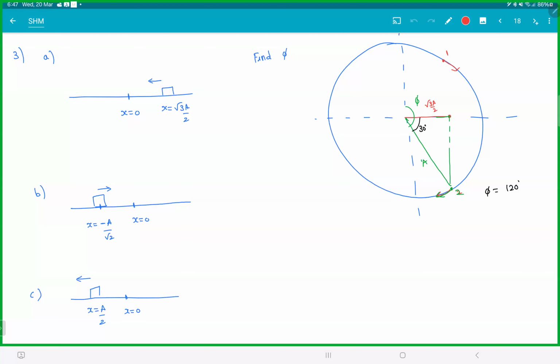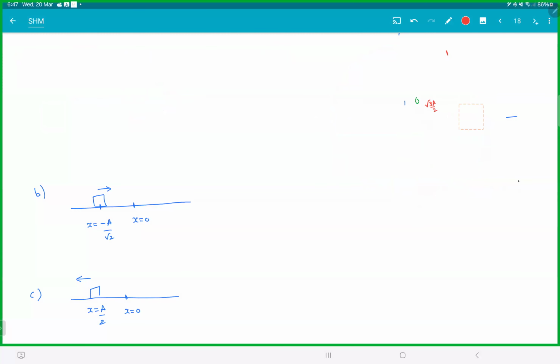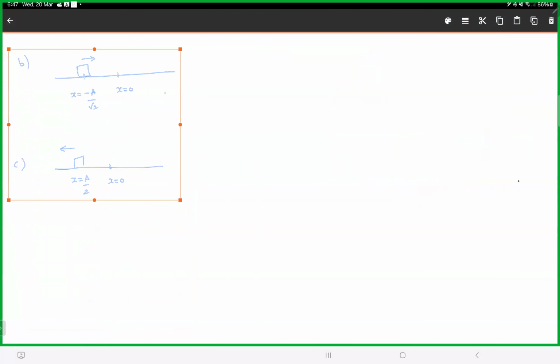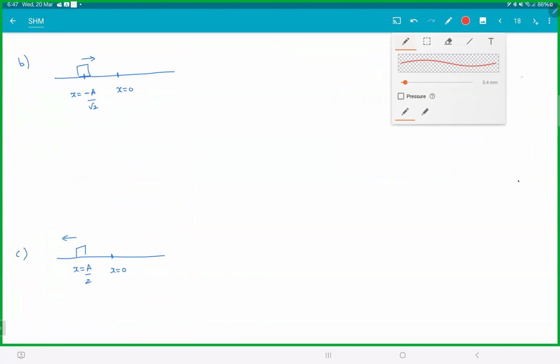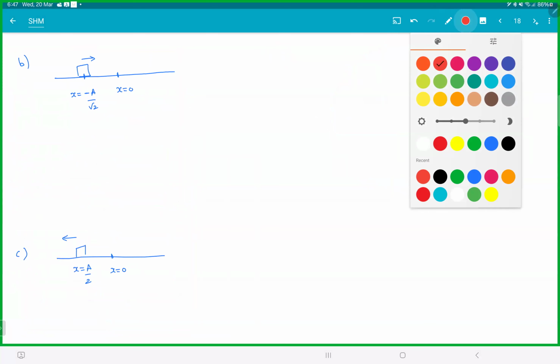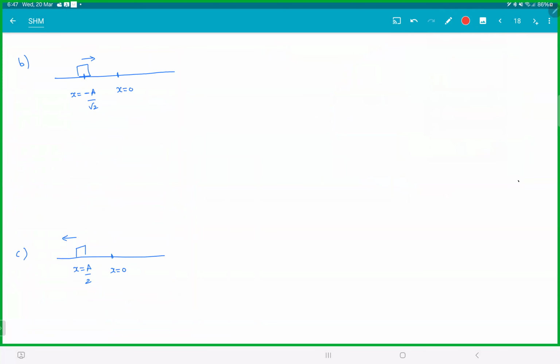But let me give you a better and faster way. See, listen. Forget about plus, minus, left, right. When you see a by root 2, what do you see? 45 degrees. That much you should know. 1 by root 2 is 45 degrees. Fair enough.